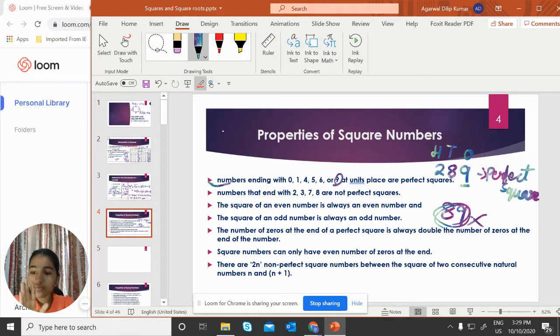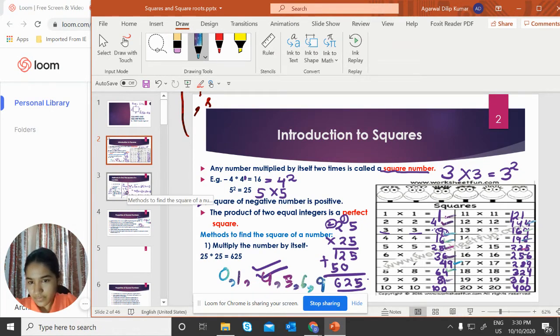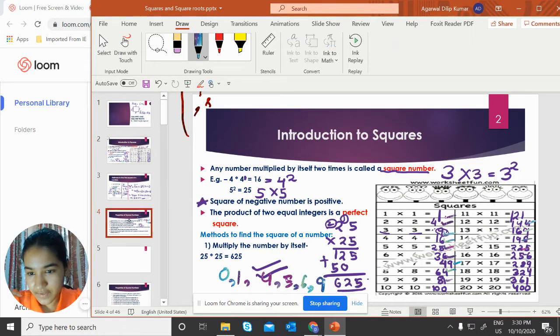But if you notice, the squares are always ending with 0, 1, 4, 5, 6, or 9. Right? 4, 9, 6, 5. Again 6, 9, 4, 1. Right? So every time, they are ending with 0, 1, 4, 5, 6, or 9.